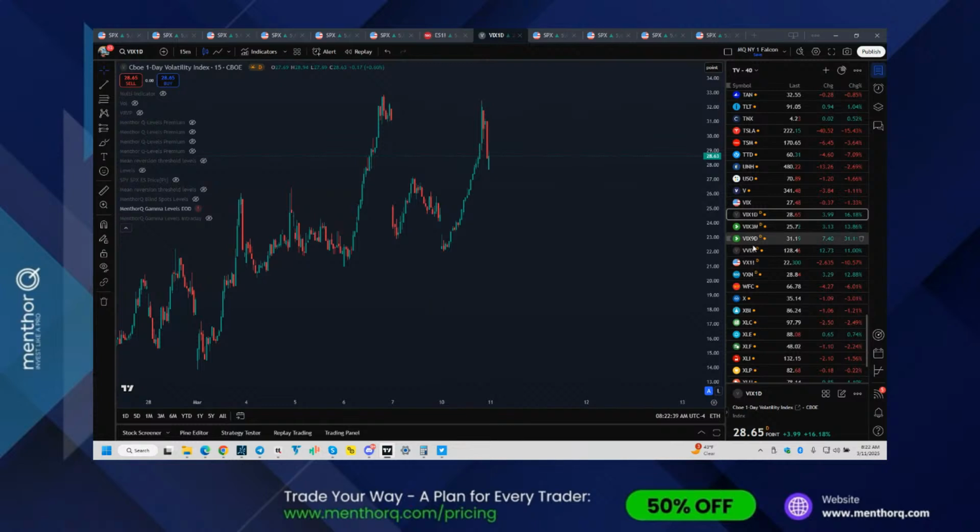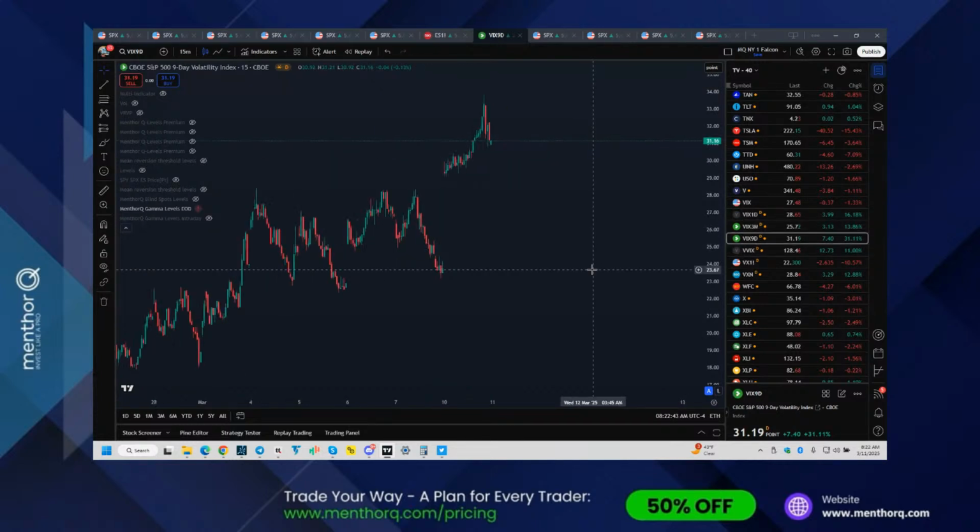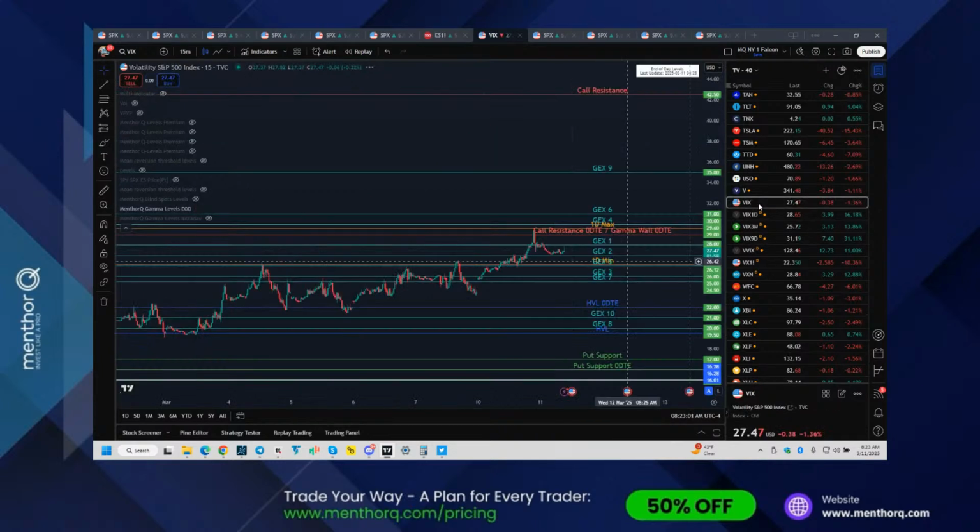Now the VIX 9-day, which I like to look at in comparison to the VIX, that basically takes us out a week, which happens to take us to VIX expiration, is at 31. And so we're backwardated. The 9-day is higher than the VIX, which is 30-day.